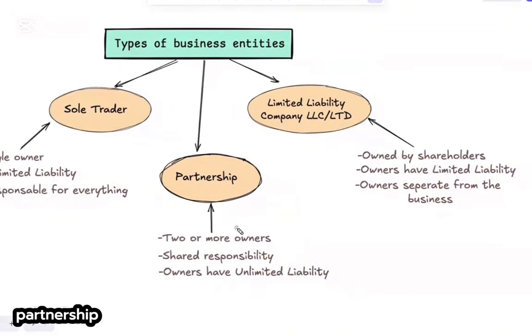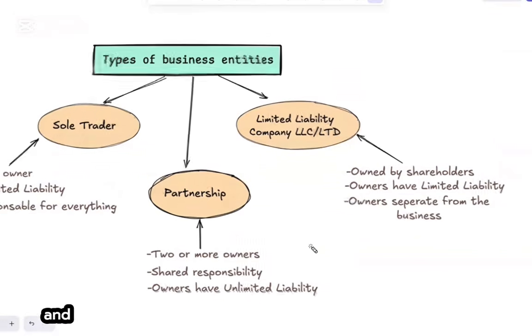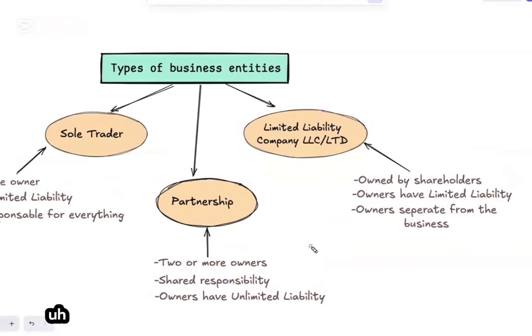The partnership is a business owned by two or more people. The partners share the responsibility, and they also have unlimited liability. This means they are personally responsible for their business debts. And the last one is the limited liability company, as we call it LLC or LTD. This is owned by shareholders.